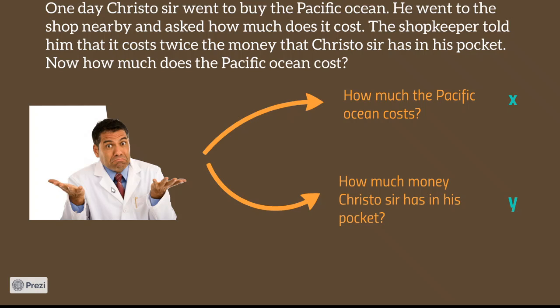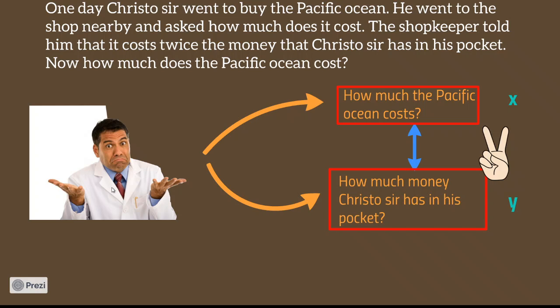But it's too many variables, so is there any way to decrease the number of variables? Let's see. Is there any relationship between the cost of the Pacific Ocean and how much money Christopher has in his pocket? If you look carefully in the question, you'll see that the cost of the Pacific Ocean is twice the money that Christopher has in his pocket.